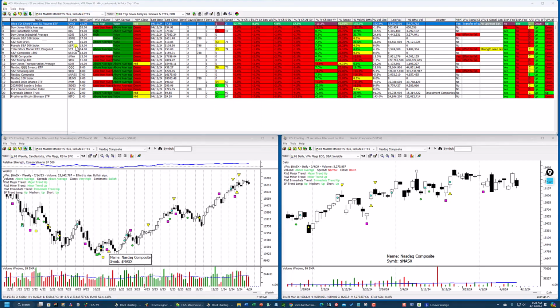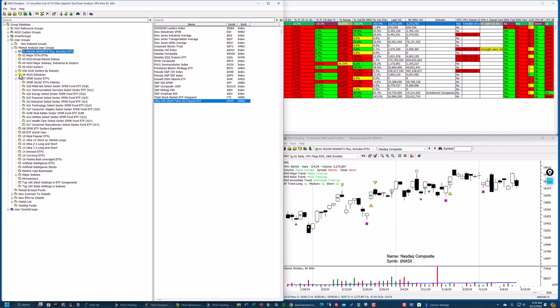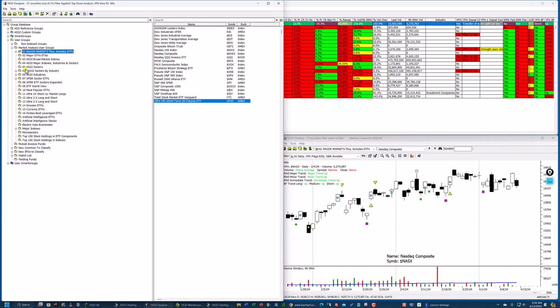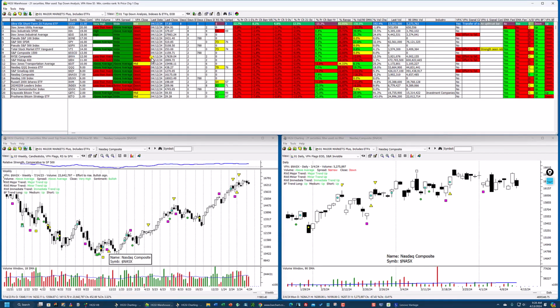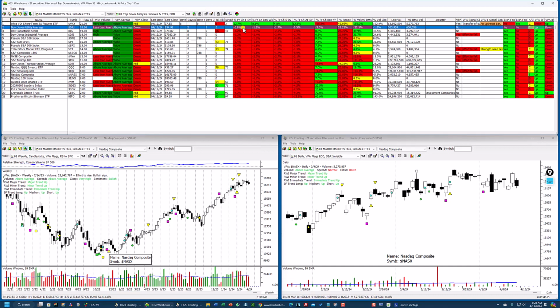Let me bring that back up, I want to make sure you know where I am in case you want to follow along here. Major Markets Plus includes some ETFs. So this is where I am right now. And I'm sorted on the raw combo, which is a percentage price change one day.